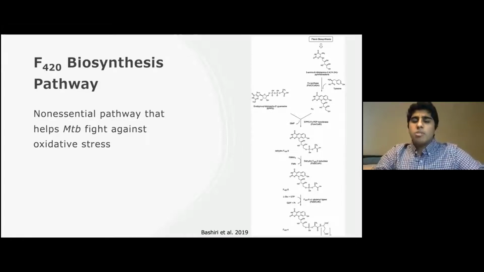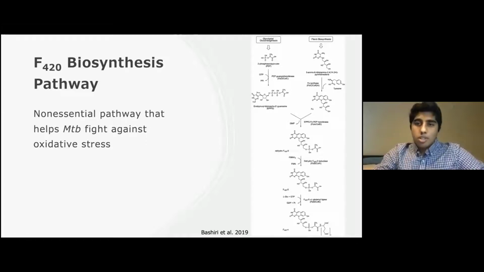And recently, these three enzymes were thought to be the main enzymes in this pathway. But Bashiri et al. in 2019 discovered that there may be a fourth enzyme called FbiD that basically makes this phosphoenolpyruvyl moiety and is essential to this entire pathway.